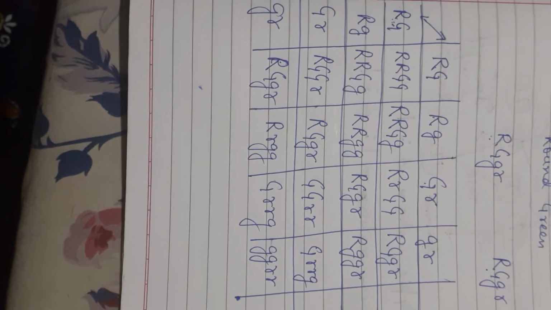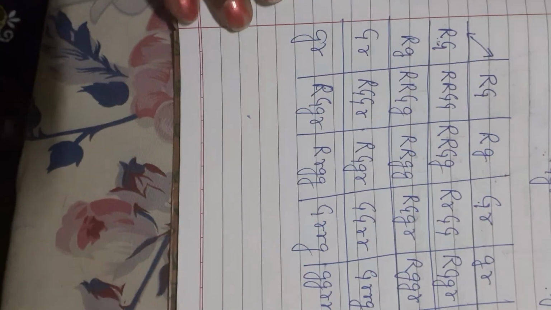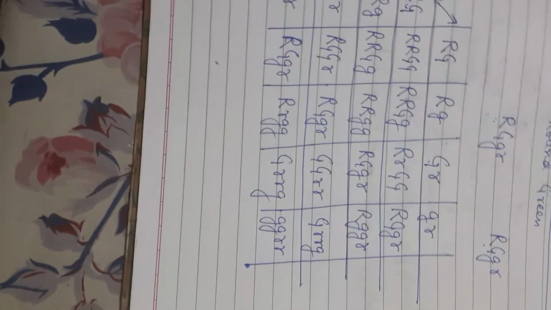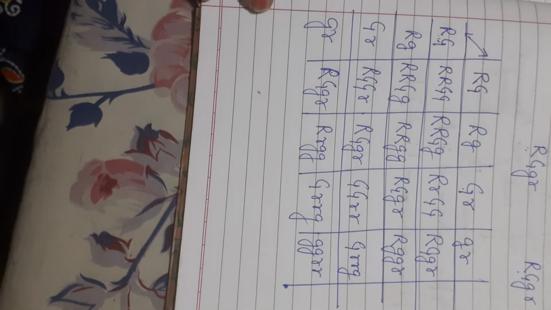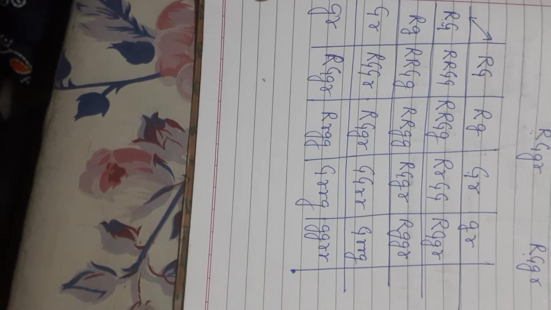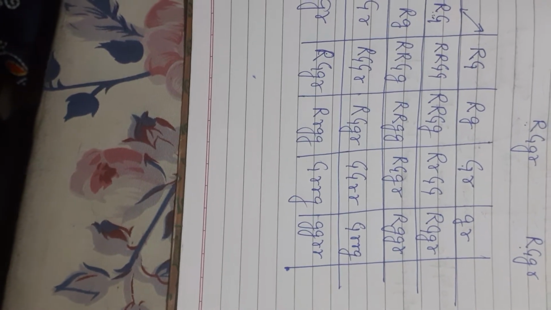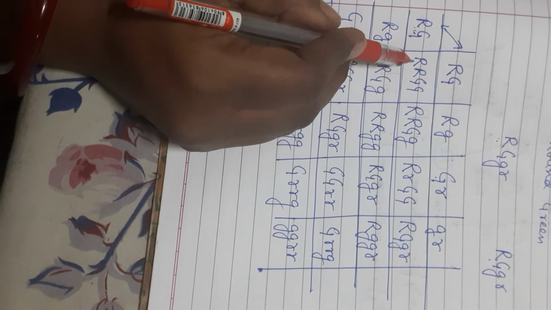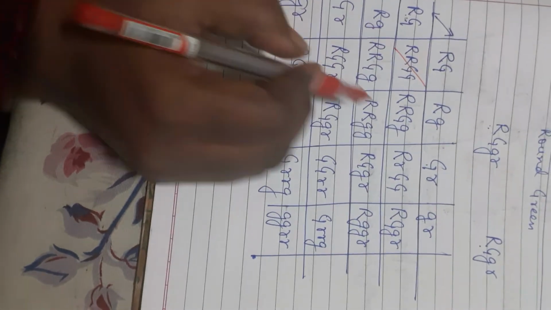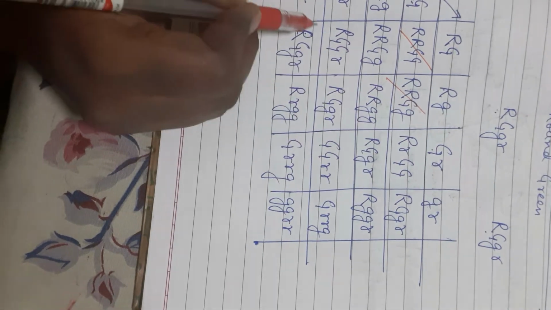Very good. Now we have to find out that wherever you are having one capital R and one capital G, it will be round and green. Let us see. Over here, capital R, capital G, cut it. Capital R, capital G, cut it.